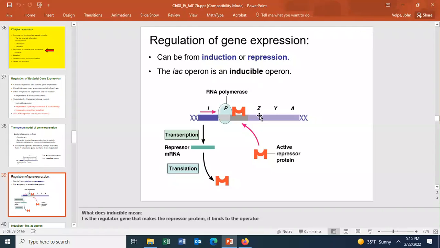So unless E. coli is on a dairy farm, E. coli is not normally going to see the sugar lactose. And that's why E. coli turns off the lactase gene.